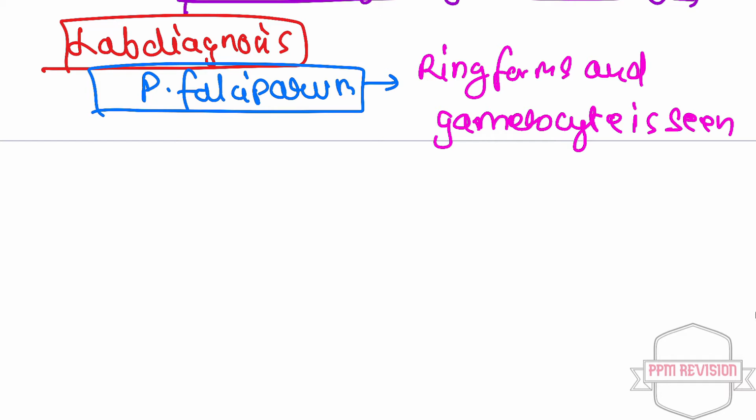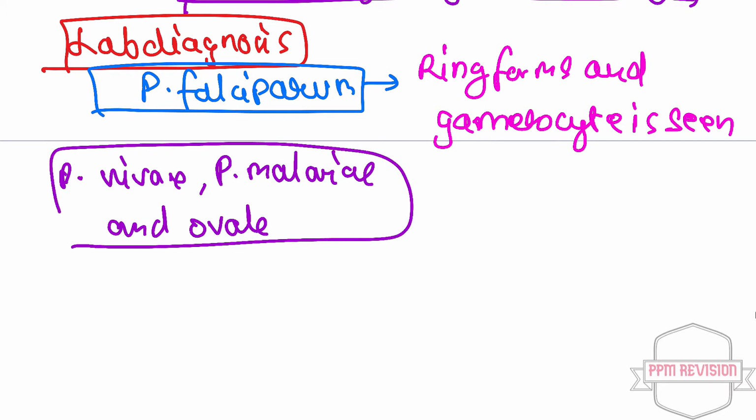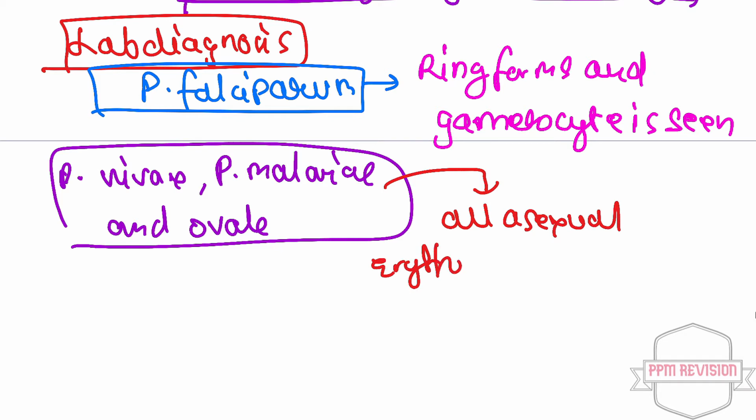Whereas in the case of Plasmodium vivax, Plasmodium malariae, and ovale, all asexual erythrocytic stages are seen.